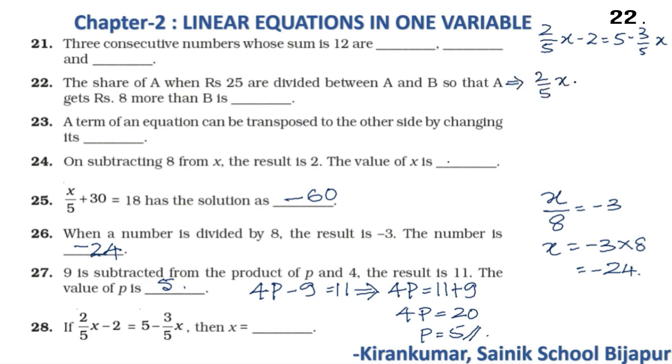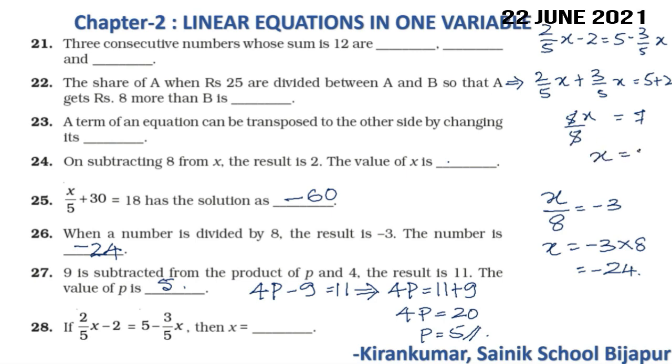It becomes 2 by 5 times x plus 3 by 5 times x is equal to 5 plus 2. 5 plus 2 is 7. Here the LCM is 5. When 5 is the LCM, the numerators are to be added up. 2x plus 3x is 5x. So 5 and 5 get cancelled. The value of x becomes 7. 7 is the answer.